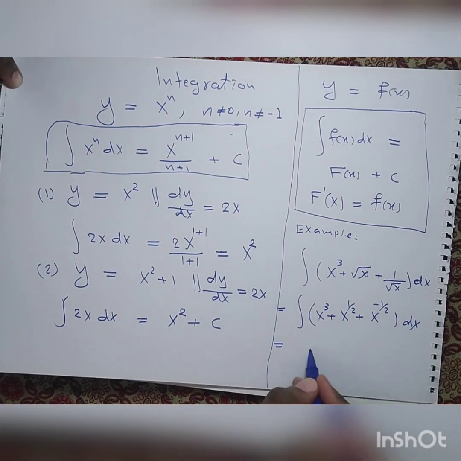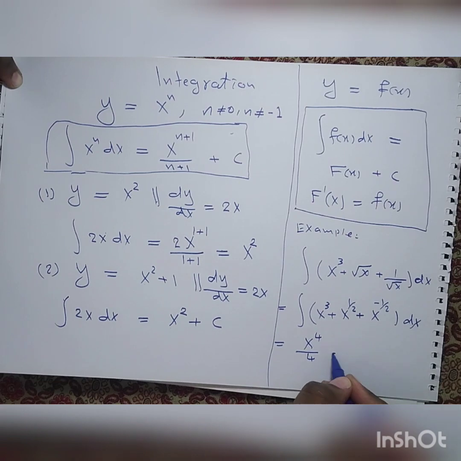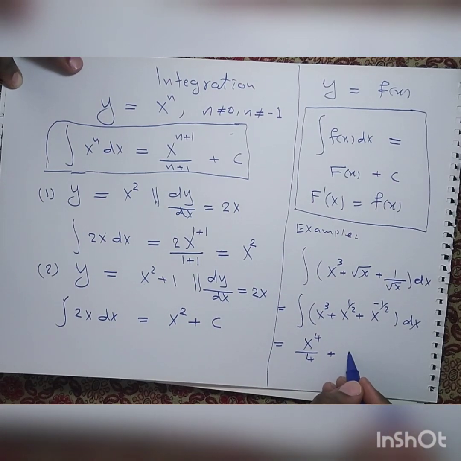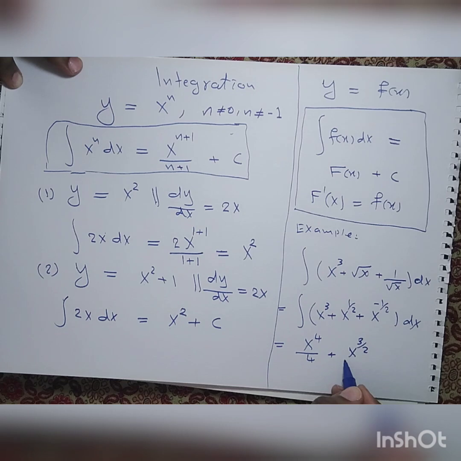The rule says we add 1, now we get 4, and we divide by the new power, plus we add 1, then we get 3 over 2, and so we divide by the new power.